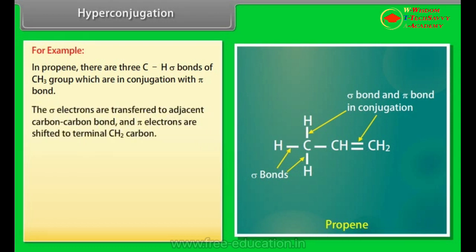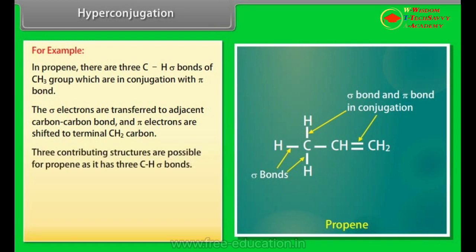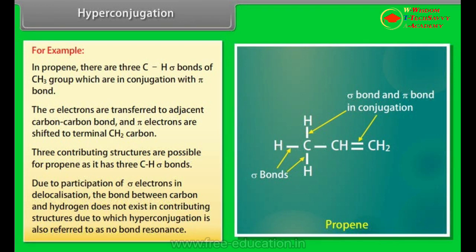The sigma electrons are transferred to the adjacent carbon-carbon bond and pi electrons are shifted to the terminal CH2 carbon. 3 contributing structures are possible for propene as it has 3 C-H sigma bonds. Due to participation of sigma electrons in delocalization, the bond between carbon and hydrogen does not exist in contributing structures, due to which hyperconjugation is also referred to as no bond resonance.